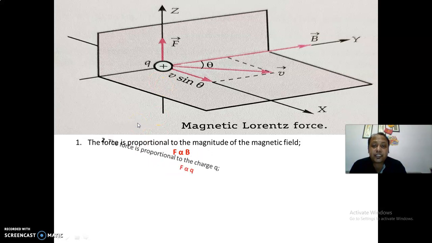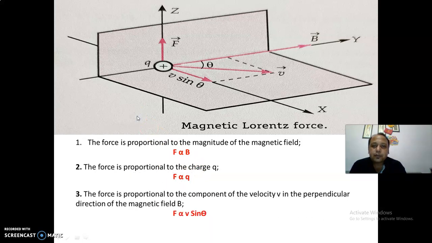Now the next factor is the charge, the value of the charge itself. More is the value of the charge, more will be the force acting on it. So force is also directly proportional to the charge. The next is the very important thing. This force F will be directly proportional to the component of velocity in a direction perpendicular to the magnetic field.